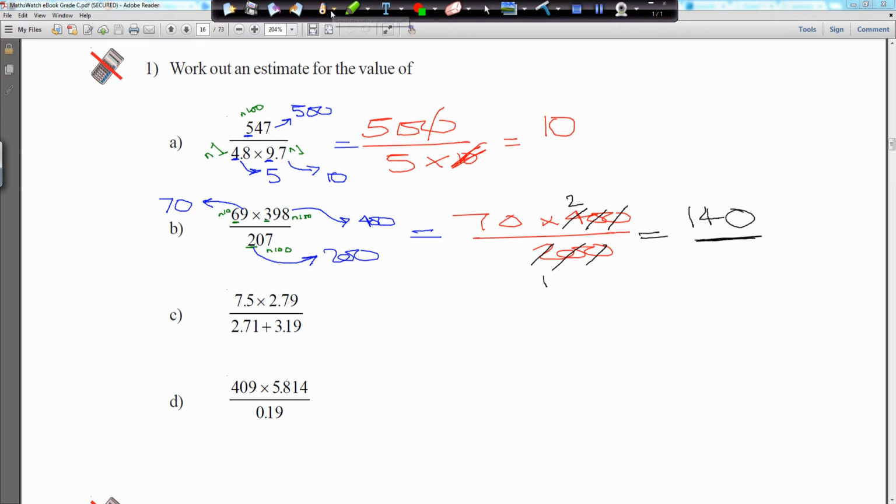Let's do the next question without any further delay. 7.5, the highest place value is units, so we round to the nearest whole number. 2.79, the highest place value is the units, so we round to the nearest whole number as well. 2.71, units, nearest 1. 3.19 is units, so we round to the nearest 1 as well.